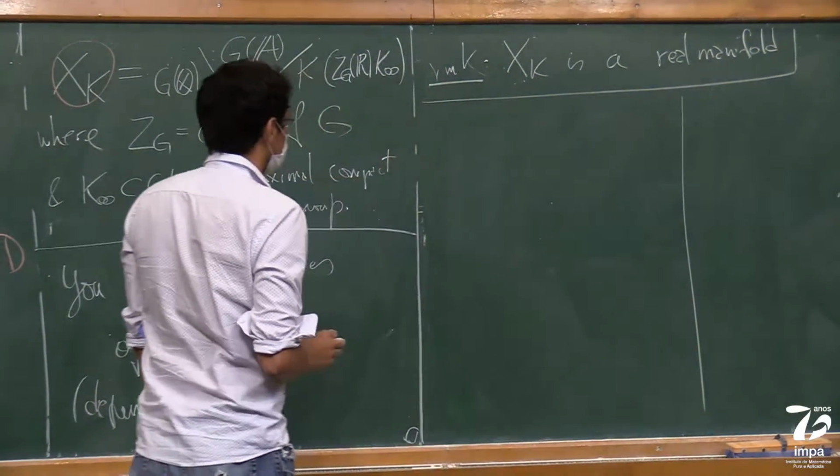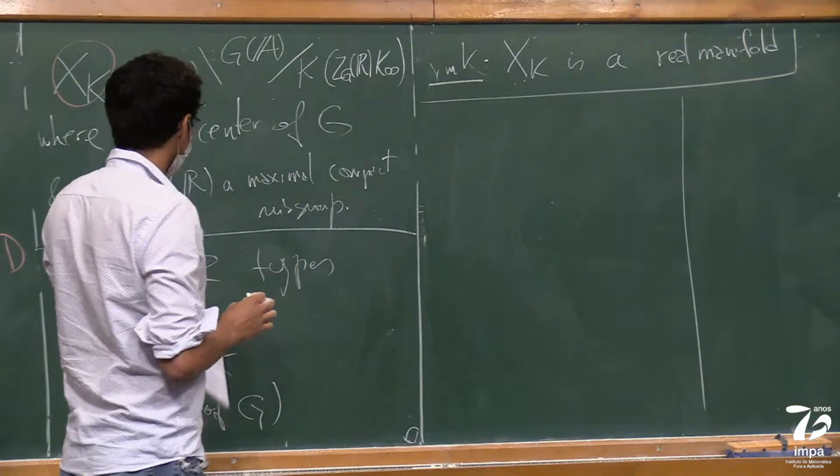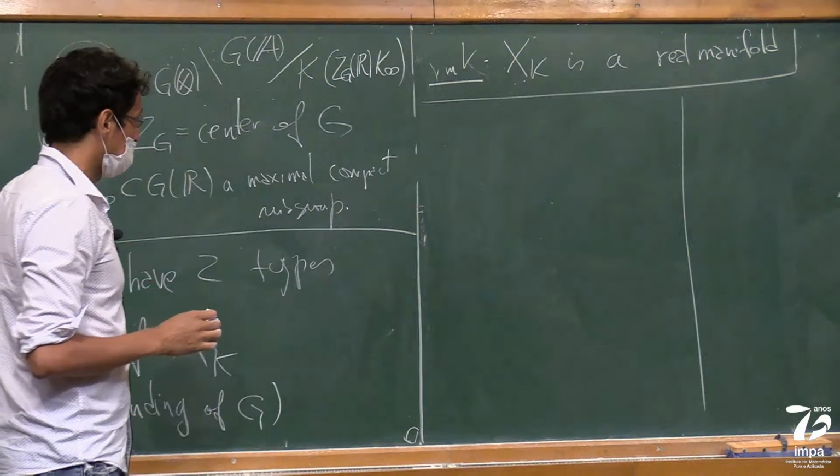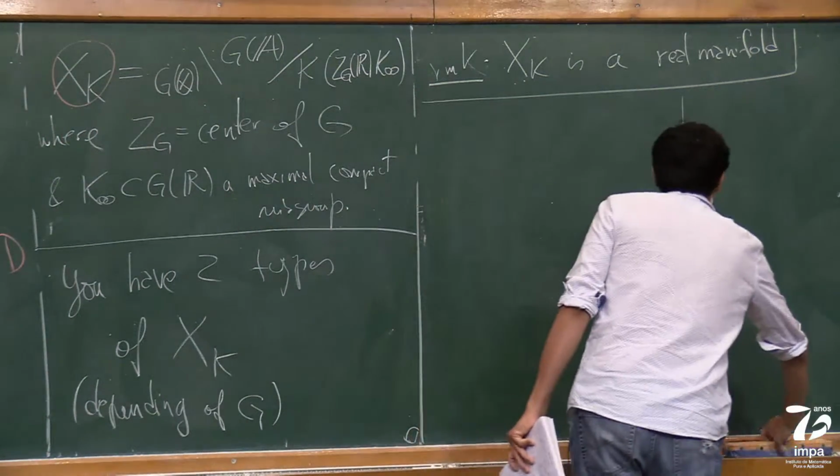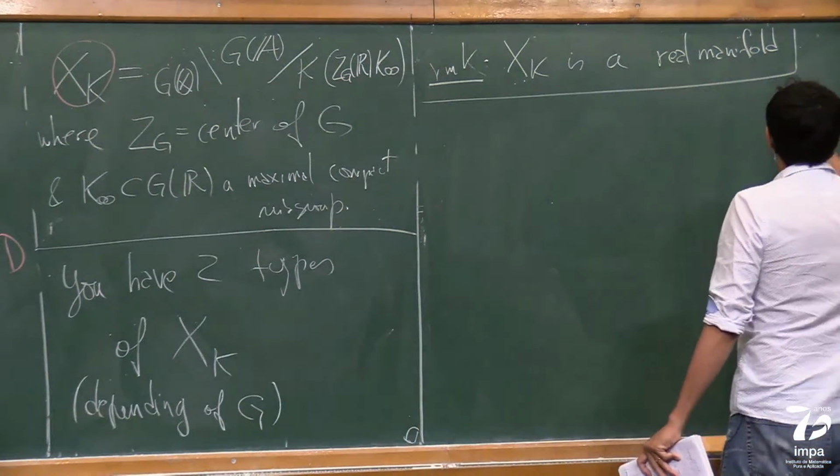Okay, so one possibility is that this real manifold is in fact an algebraic variety, okay?